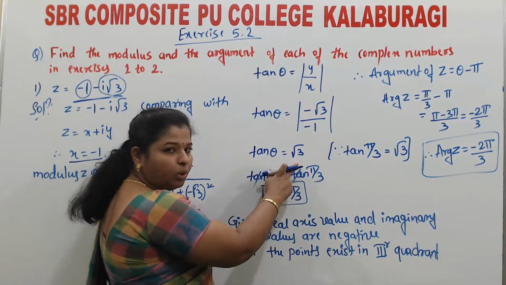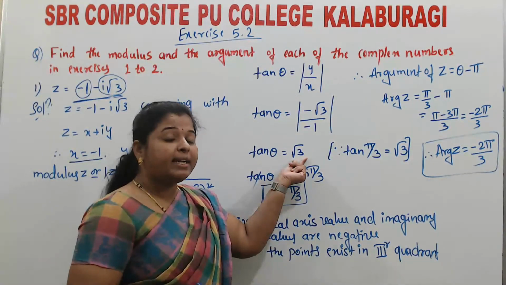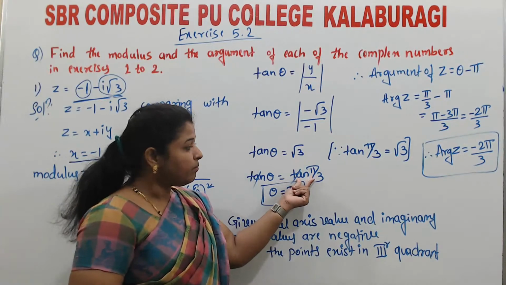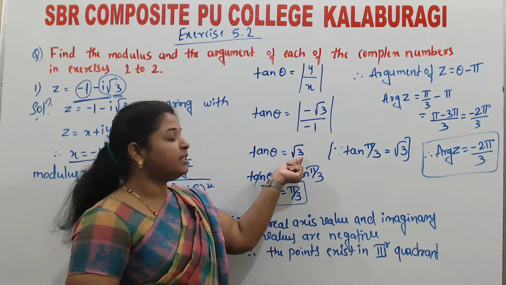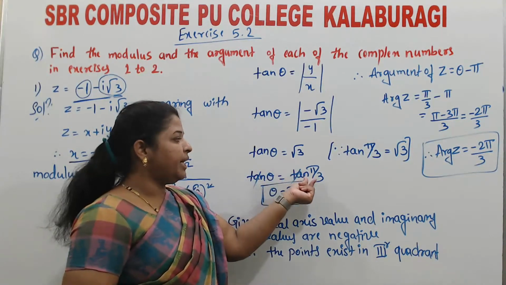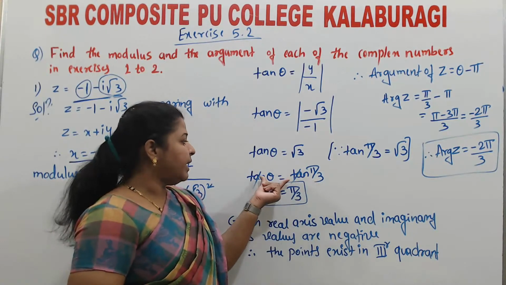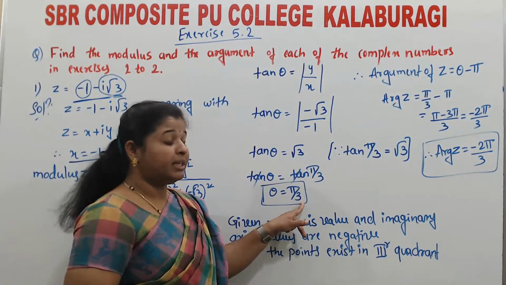Tan theta is equal to root 3. Then tan theta, keep as it is, root 3. In which angle is the tan value root 3? Tan pi by 3. Pi by 3 is nothing but 60 degrees. Tan 60 degrees is equal to root 3. Therefore, in place of root 3 we wrote tan pi by 3. Then tan gets cancelled. Theta is equal to pi by 3.